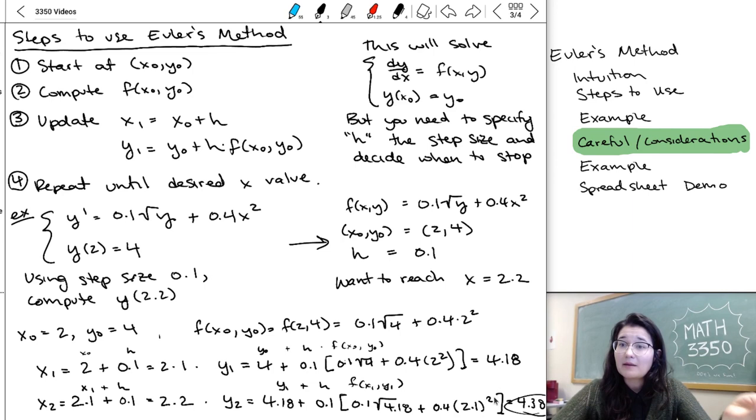There's always going to be a temptation: you already have x2, you want y2, so you want to use that value. And it would have been wrong if I went here and plugged in 2.2, because this should all depend on y1 and x1, so I should not have this information that x2 reaches 2.2. That's really the biggest mistake I see in this section.